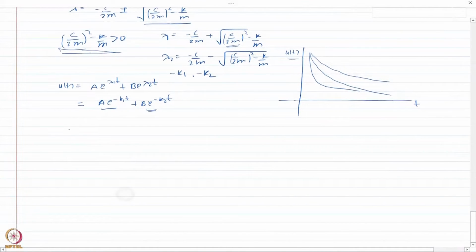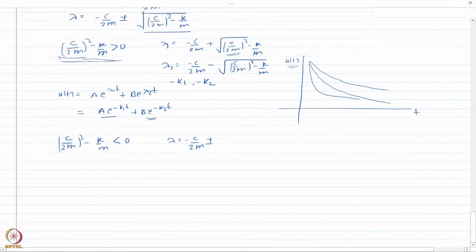In the other condition, I'm assuming this quantity here is less than or equal to 0. So if it is less than or equal to 0, I can write my lambda as minus c by 2m, and because this is less than or equal to 0, I'll take minus 1 outside the square root so that it becomes i. The terms inside the square root are k by m minus c by 2m squared.